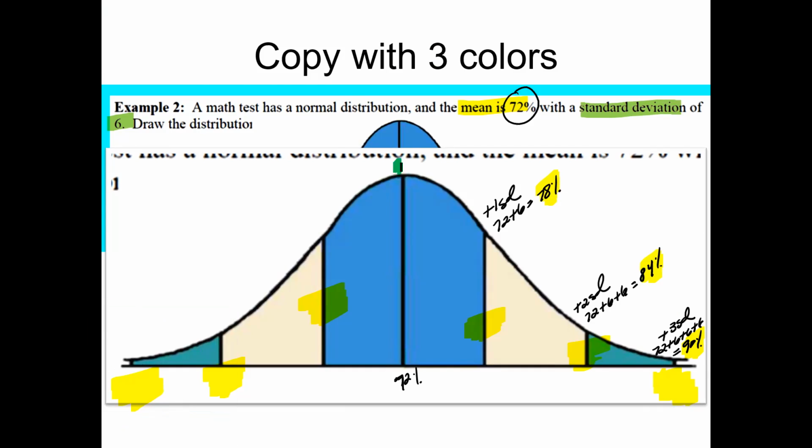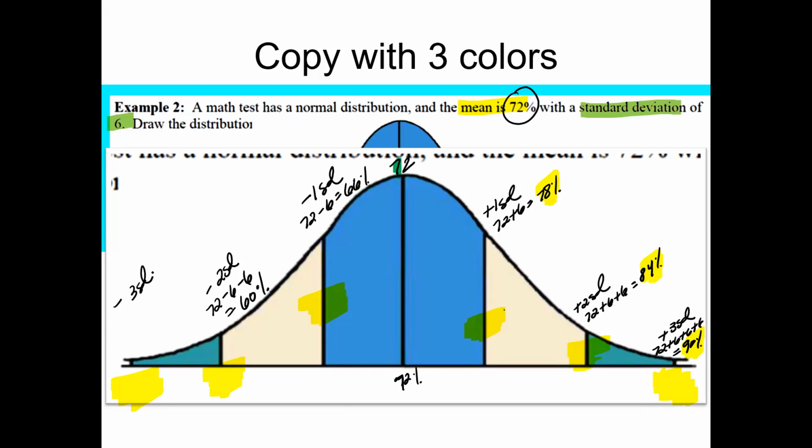Okay, remember the mean again is going to be 72. So if it's minus 1 standard deviation, you guessed it, 72 minus 6, which is going to give you a 66%. Minus 2 standard deviations is a 66, or actually I should say 72 minus 6 minus 6, which is 66 minus 6, and that's a 60%.